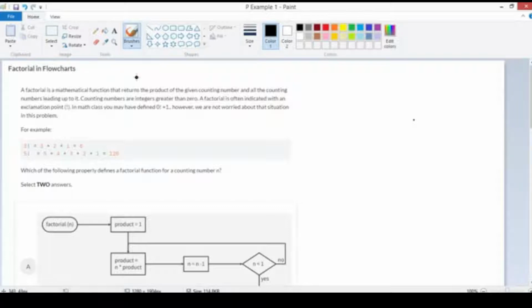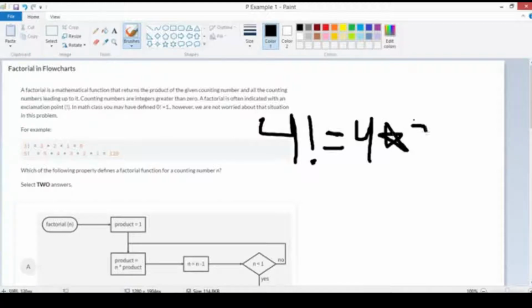We are working with what's called a factorial. Factorial, if you didn't know, is where we have a number, like perhaps 4, and to get the factorial of 4, which is represented by the number and an exclamation mark, we do itself times one number below it times the number below it, all the way down to 1.